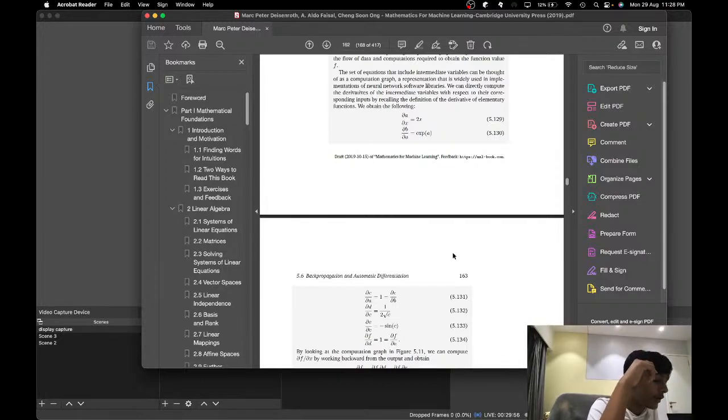Now we look at the computation graph in figure 5.11. That's where we use that graph. What they have done is they have computed del f del c by working backward from the output.